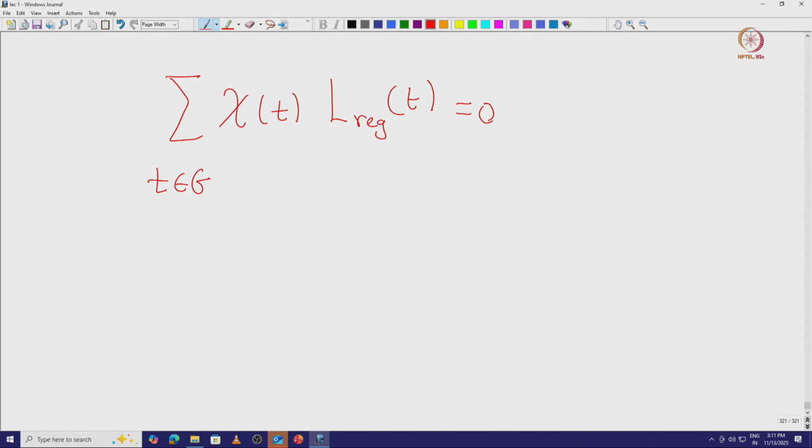Now, how does this imply immediately that the earlier term is 0?